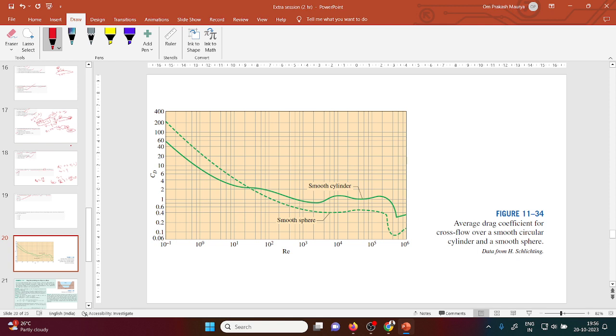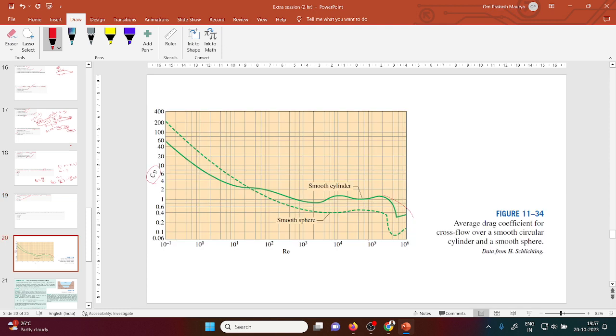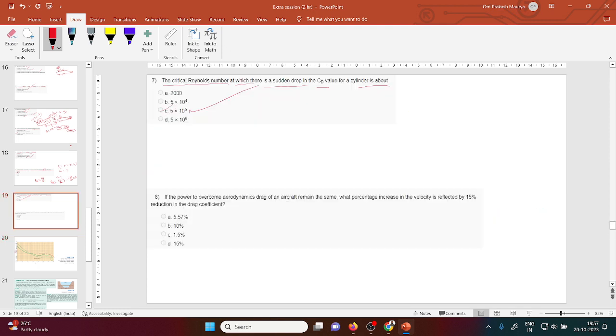After 10 to the power 5, your drag coefficient value is falling, right? This is an experimental question.